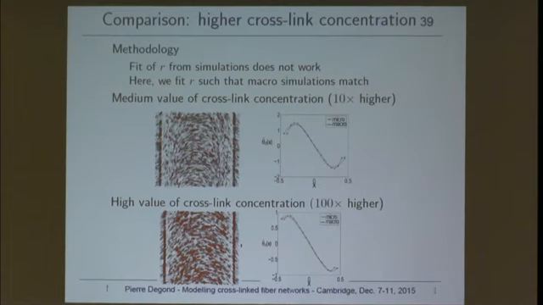This is a 10 times higher crosslink concentration. This is 100 times higher crosslink concentration. So what we can say is that given a situation, we can find a value of R that gives good results. However, it's not very satisfactory. We have to find this value of R by model calibration, model fitting.